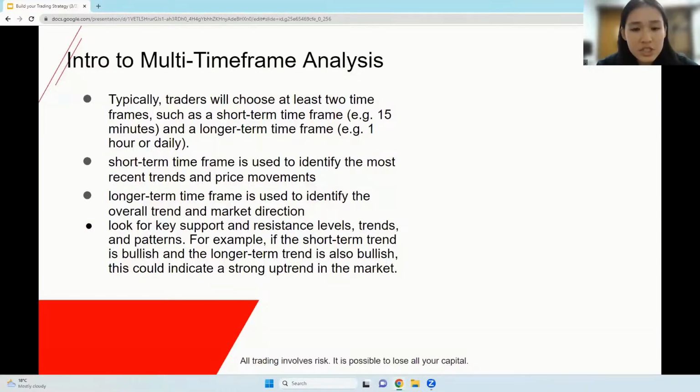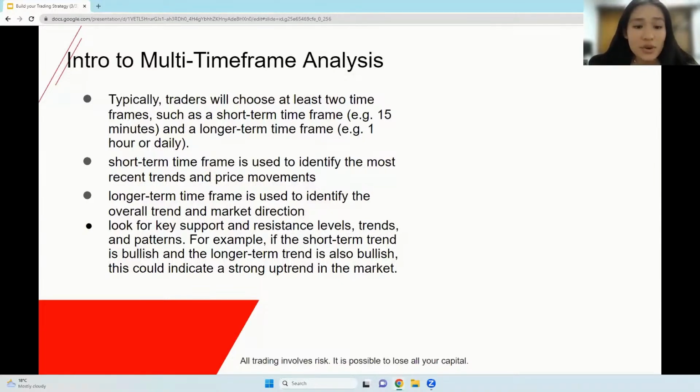It's basically a strategy that involves analyzing the market from multiple timeframes so that you get an idea of the general trend of whatever commodity or currency you are trading. The short timeframe is used to identify the most recent trends and price movements, while the longer timeframe is used to identify the overall market direction.